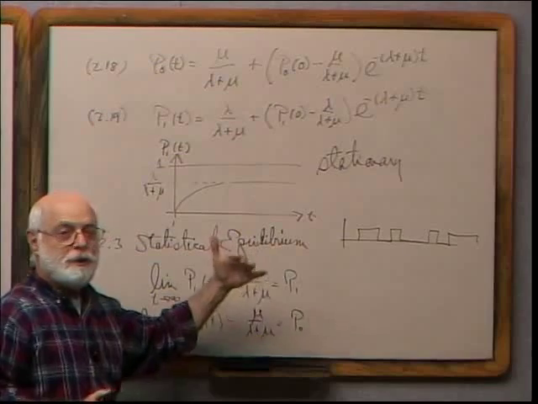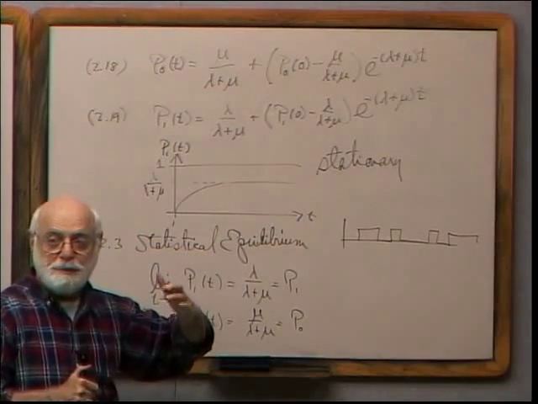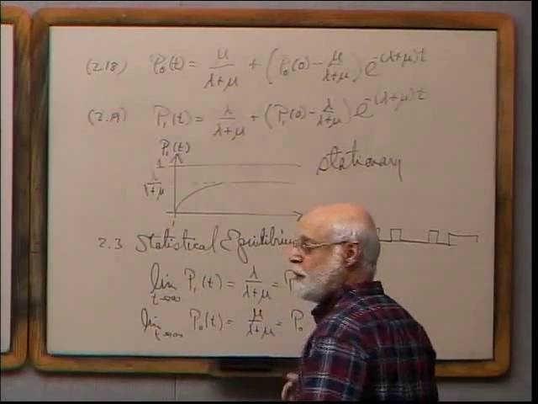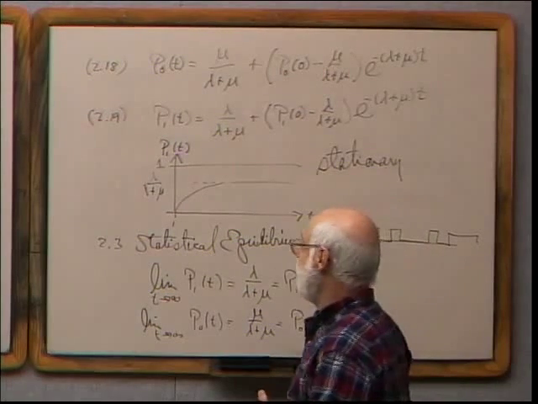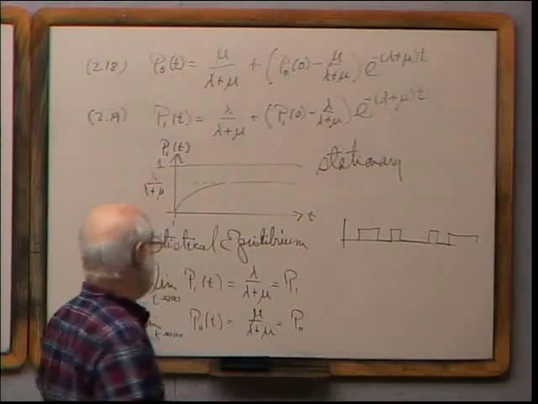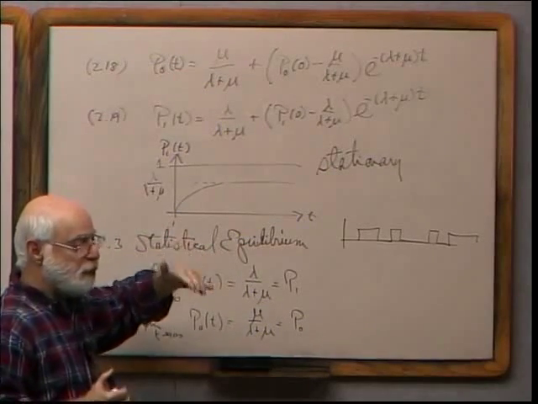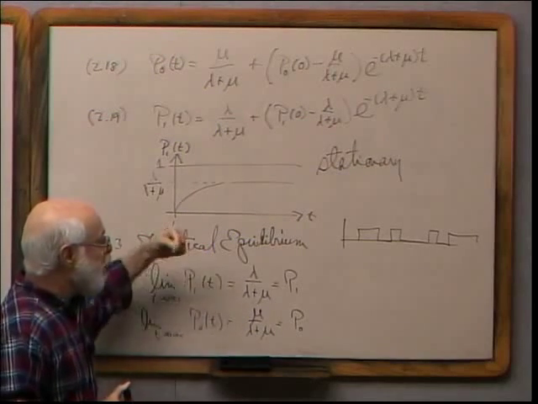But if I wait long enough, the equilibrium distribution comes back. Of course, how long you have to wait from a practical point of view, that's another question. But the point I'm trying to emphasize is that when you are in equilibrium, you stay in equilibrium, which means that the probabilities will always be defined by the same formulas.